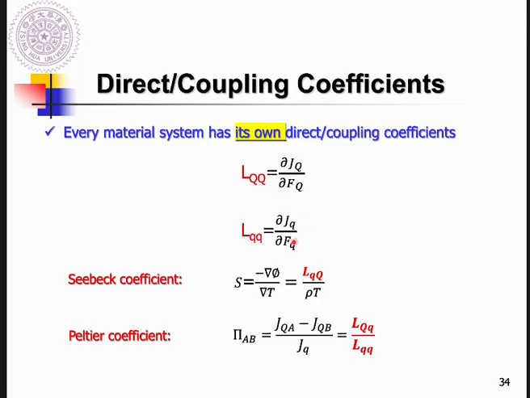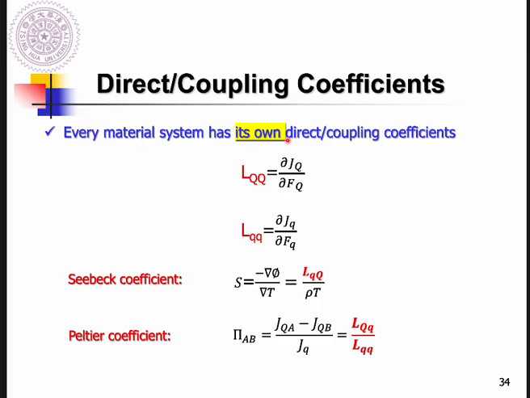So both of these are direct coefficients, but this one and this one are coupling coefficients, because this is F capital Q contributing to the current density, and this is the electrical potential gradient, F small q, contributing to the heat flux, J capital Q. Okay, so this is an important description here.